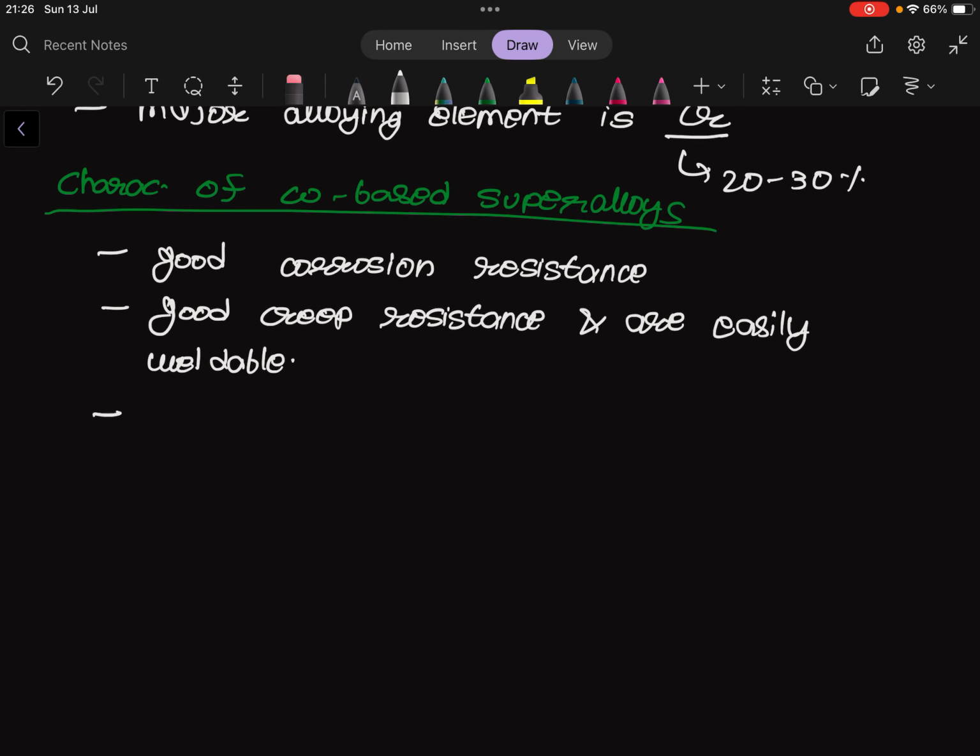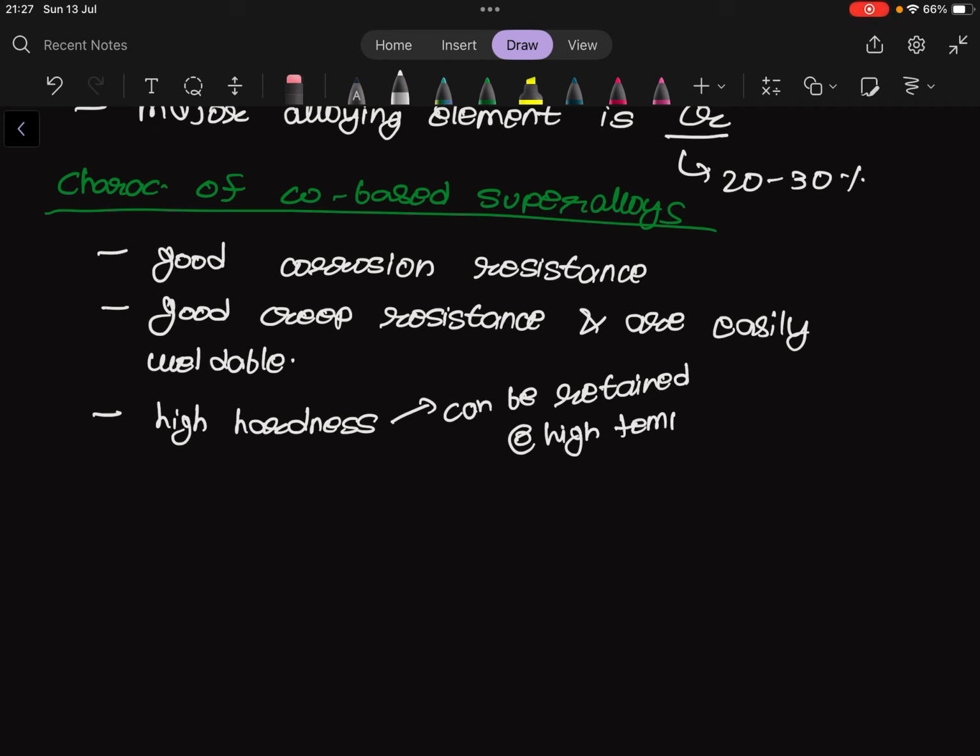Cobalt-based superalloys have really high hardness, and that is also retained at high temperature. They don't deform plastically even at high temperature.